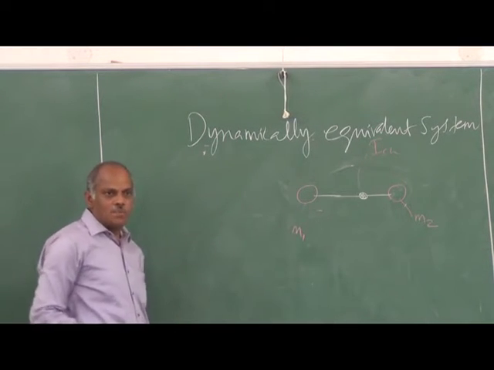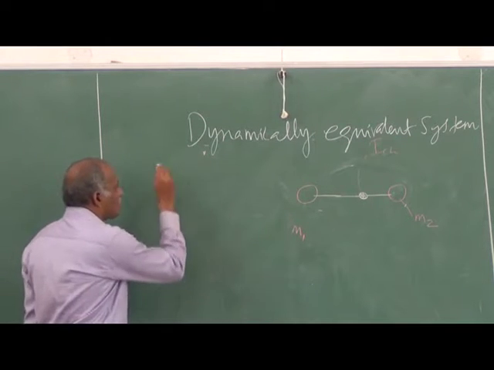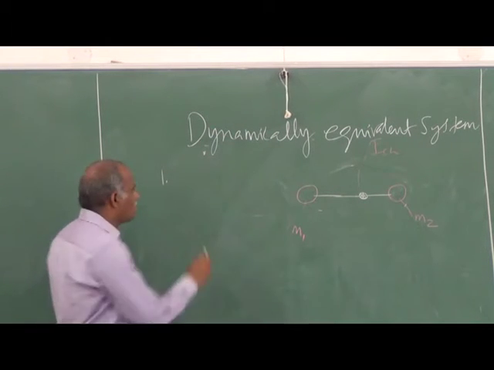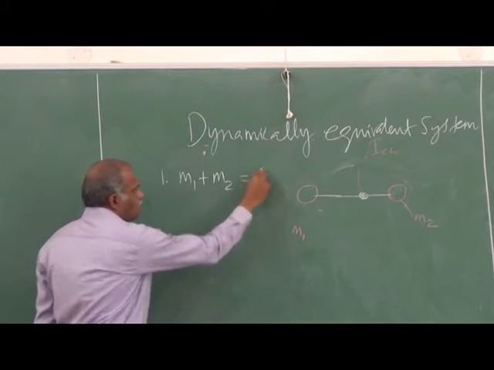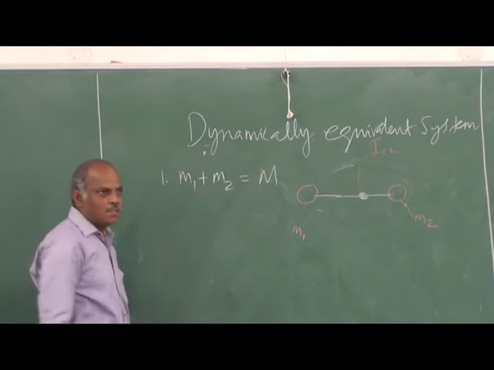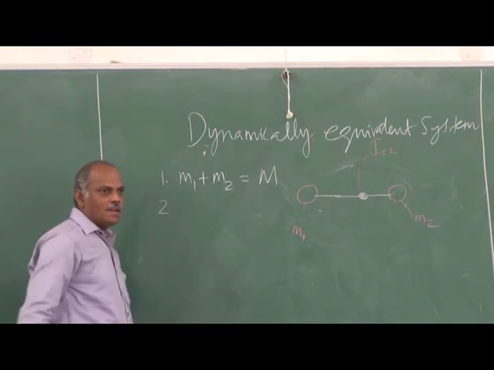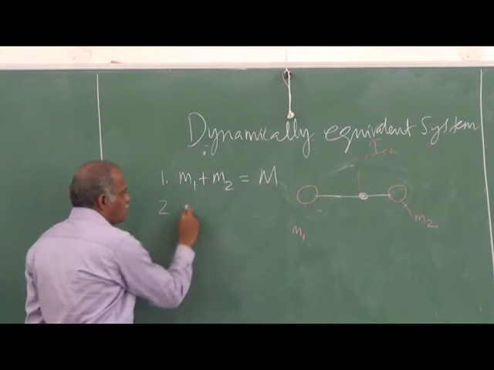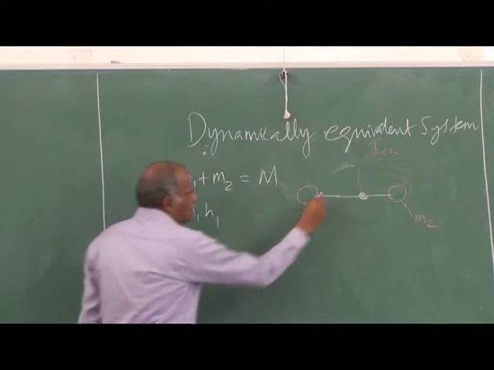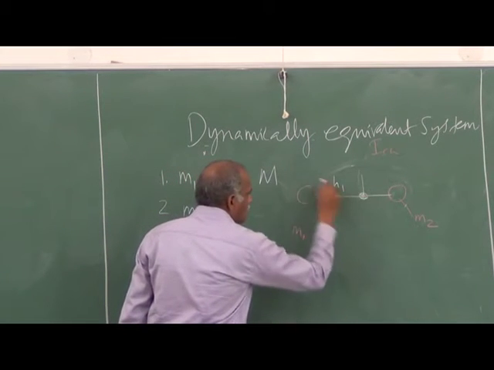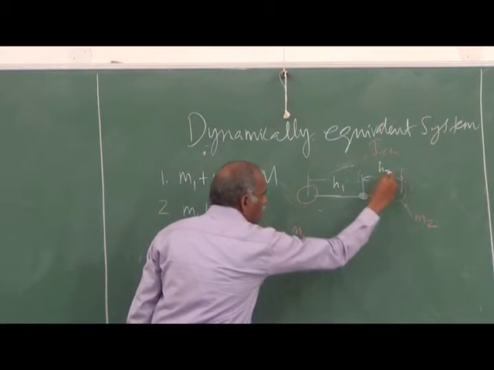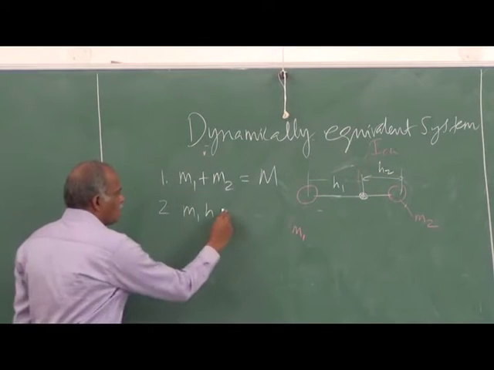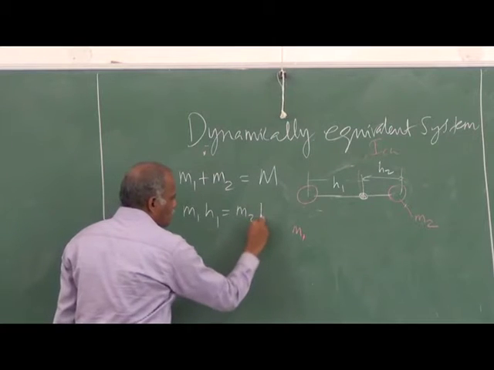For two bodies to be dynamically equivalent, three conditions are to be met. The m1 plus m2, the mass of these two, should be equal to the mass of the rigid body. The second condition is the center of gravity should be same. So m1 h1, so this distance is h1, this distance is h2, m1 h1 should be equal to m2 h2.